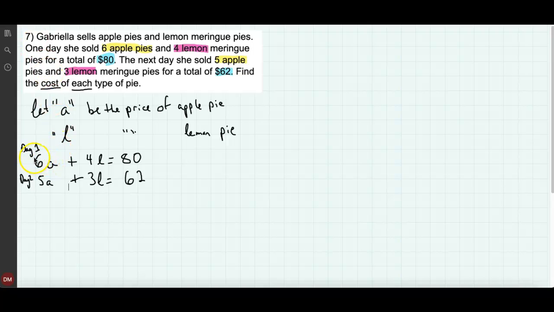So let me just move this so it's a little bit further. There, that works. How am I going to do that? Just to keep the numbers smaller, I'm going to eliminate L. I have a coefficient of 4 and a coefficient of 3, so with the lowest common multiple, I'm going to try to make them 12, or one of them 12 and the other negative 12.